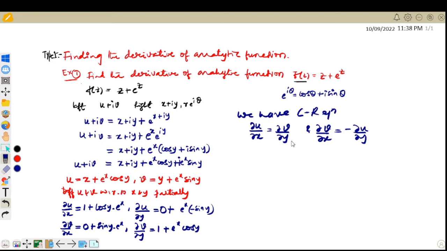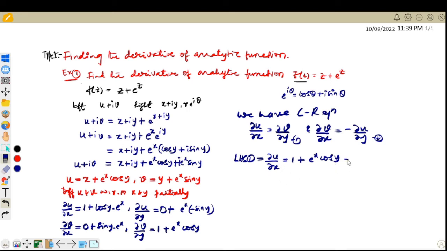First, let us take, you can call it as equation number 1 and equation number 2. So LHS of 1. LHS of 1 is dou u by dou x. What is dou u by dou x here? 1 plus e raised to x into cos y.